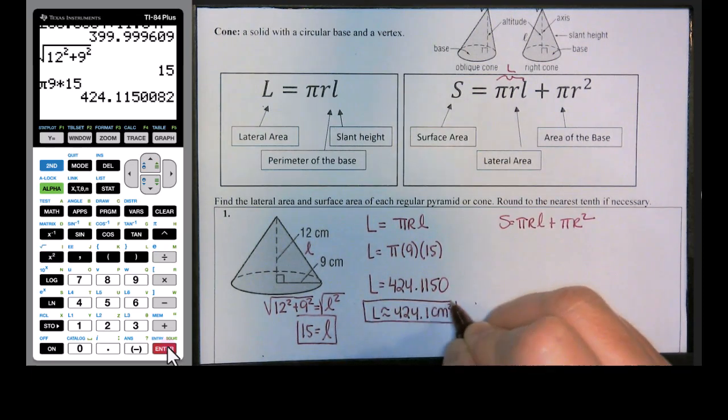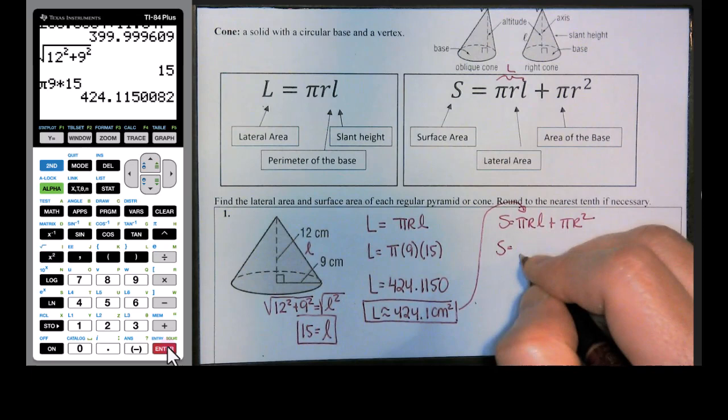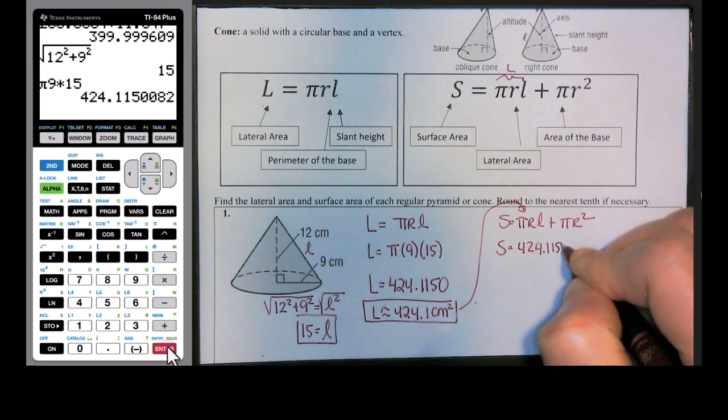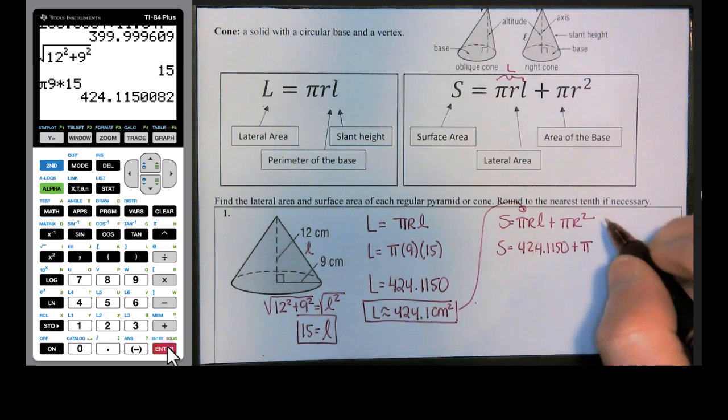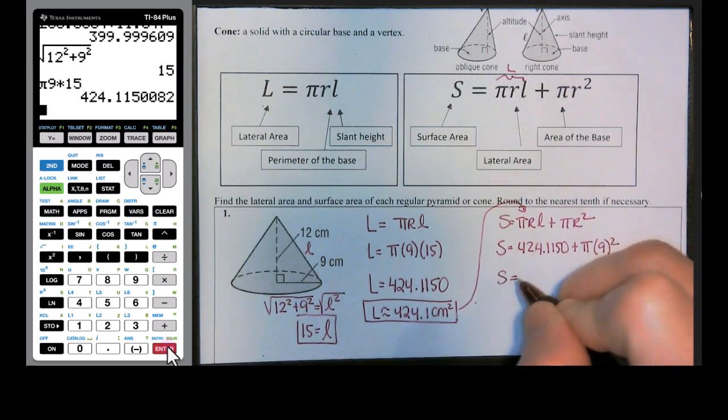Very good. Now we take this and bring it over here, plug it in there. So the surface area equals 424.1150 plus pi times the radius 9 squared. So we're going to plug that in the calculator.